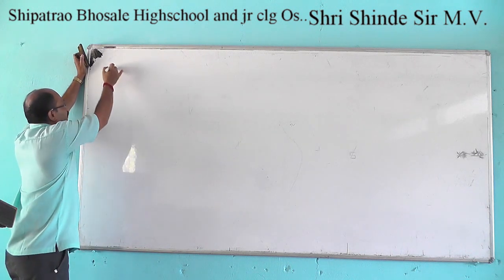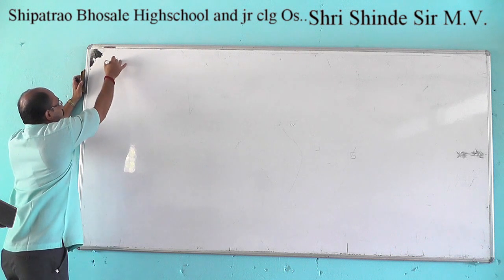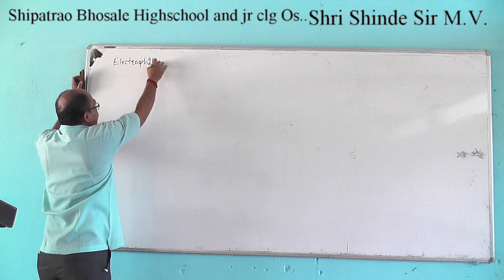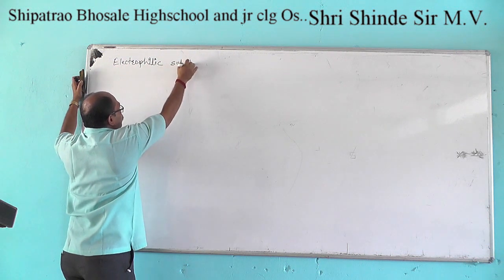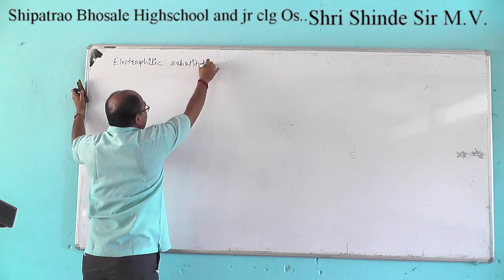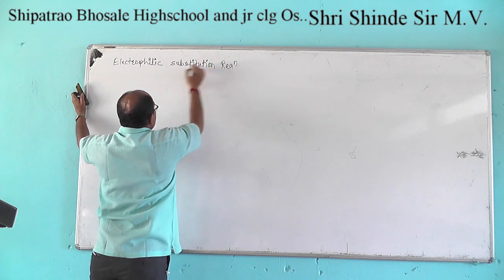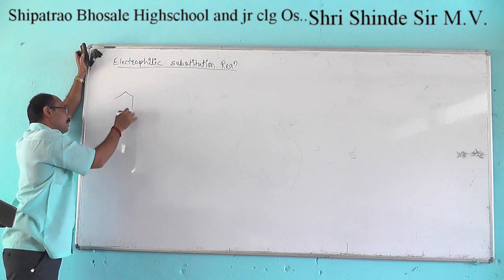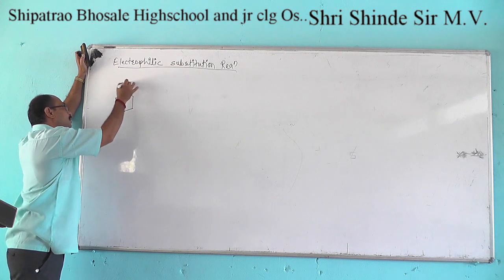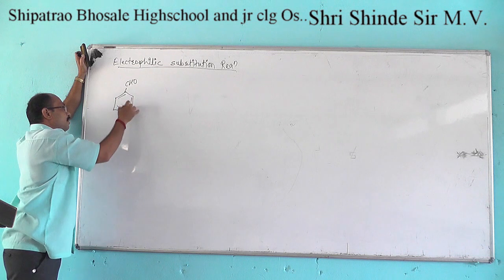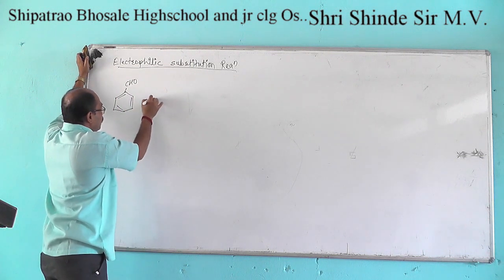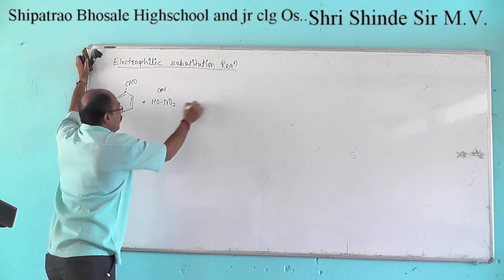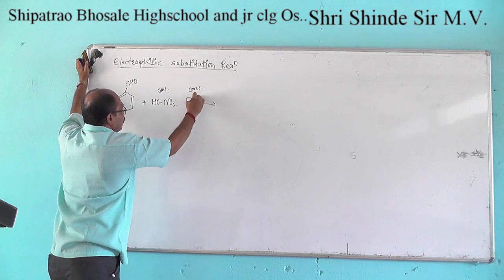the formation of corresponding substituted benzene derivatives. For example, electrophilic substitution reactions of aldehydes and ketones. I am taking here benzaldehyde on heating with concentrated nitric acid and concentrated sulfuric acid.